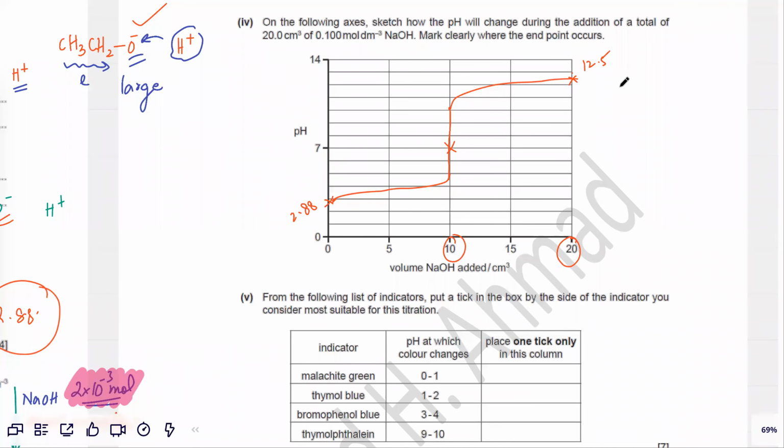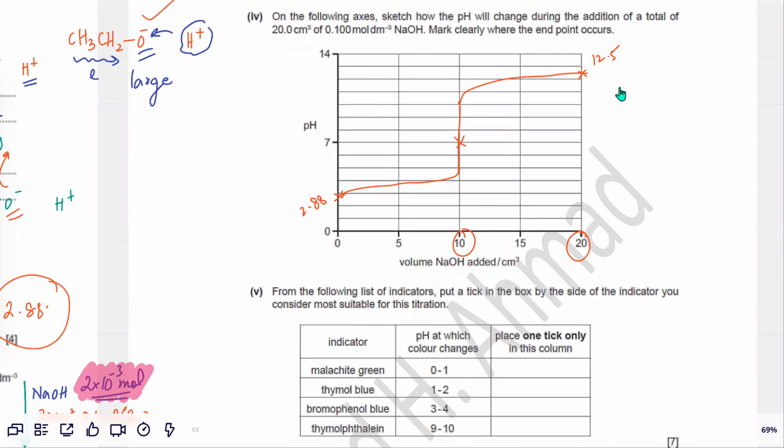So that's your final pH over here. See, that's going to be your graph. It's going to look like this.